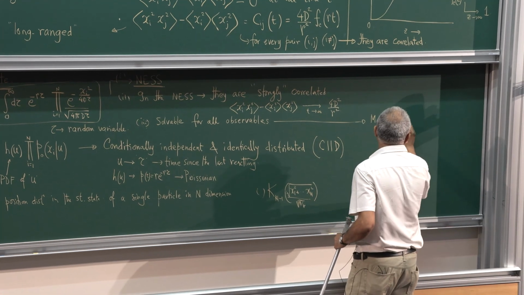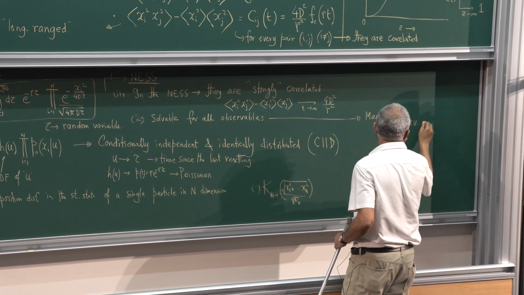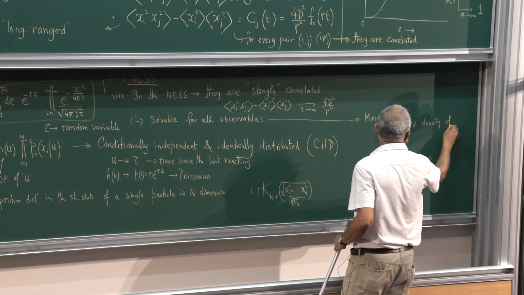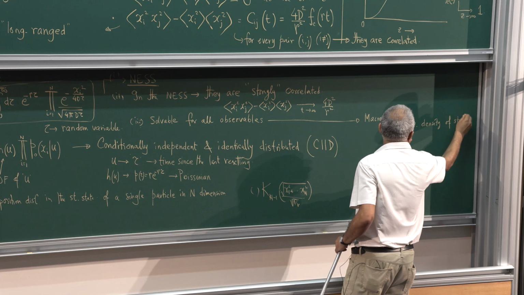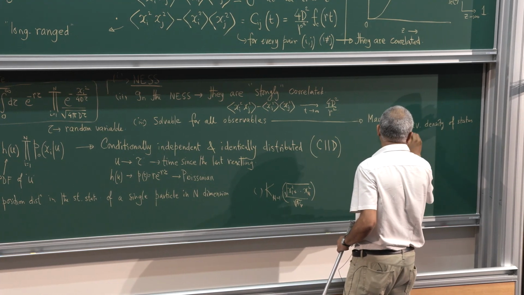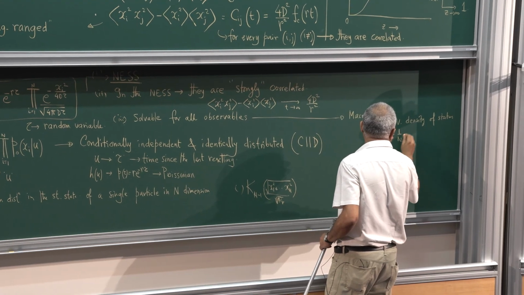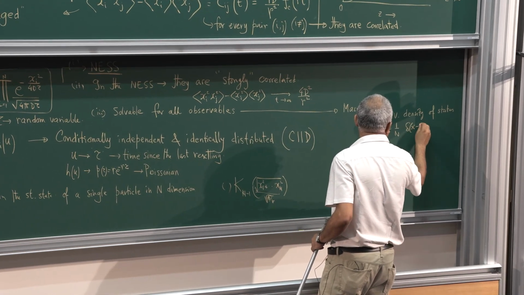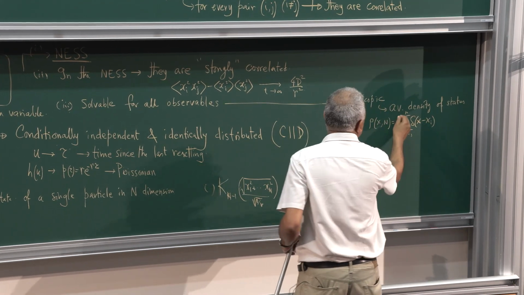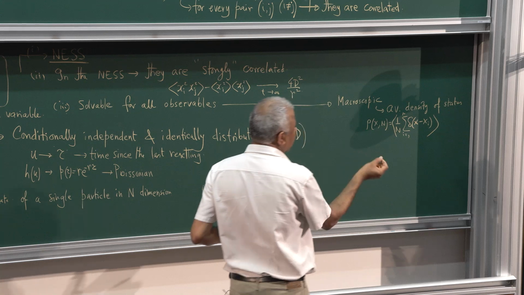Macroscopic means, for example, the average density profile, which just counts the fraction of particles between x and x plus dx.